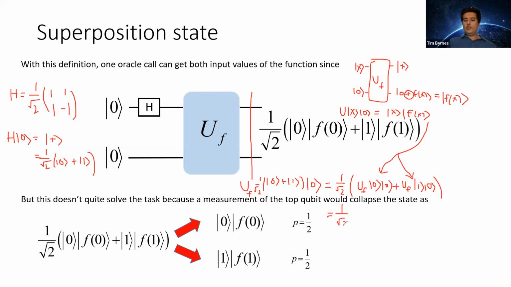What we end up with is U_f applied to x0 becomes |0⟩|f(0)⟩, and then this second term will be |1⟩|f(1)⟩. So this is just what I've already got as the answer here. Basically, you input a superposition, and your output will also be a superposition.